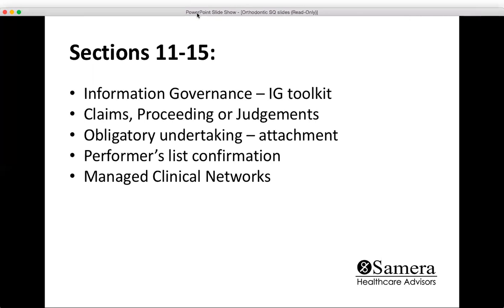And the last question is basically that you agree to be part of the managed clinical networks, and you will ensure that you are adhering to it, ensuring that patient care is the utmost. Yeah, and just sharing best practices. Yeah. So that the whole area improves on the back of it, really.